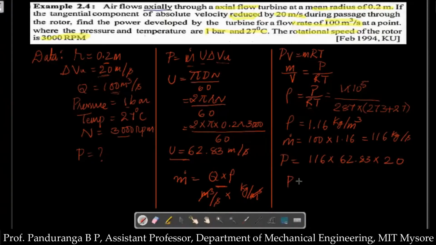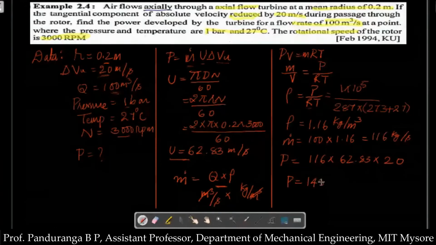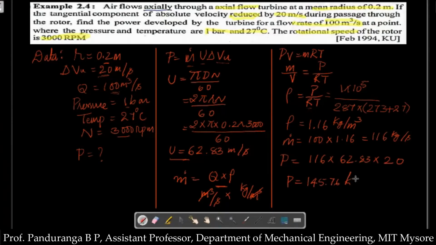So power will be equal to 145.76 into 10 power 3 watts. Since we are dealing with power, it is 145.76 kilowatts. So this is the power developed by the turbine.